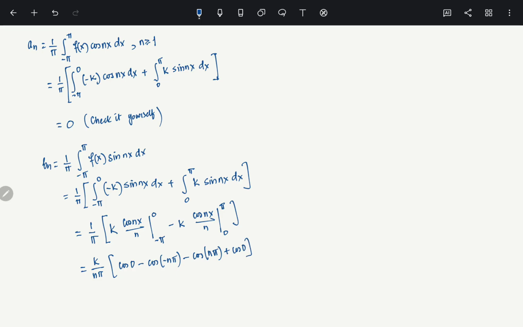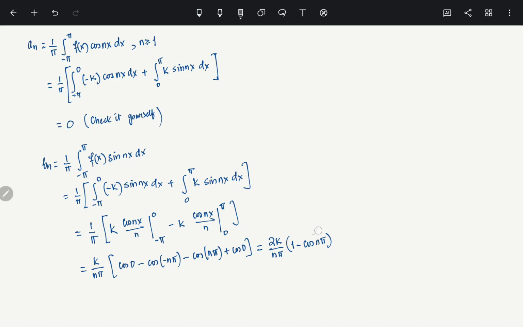So when you do these calculations, please do it carefully, otherwise there is a chance of making a mistake here. So it becomes 2k by n pi times (1 minus cosine n pi). Very simple. Depending on whether n is positive or negative, this becomes 1 or minus 1, right?